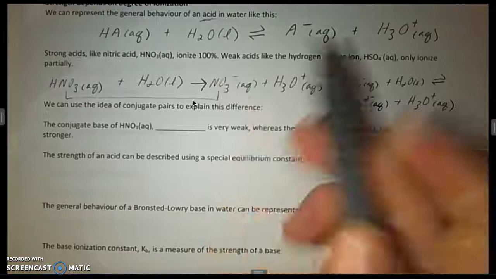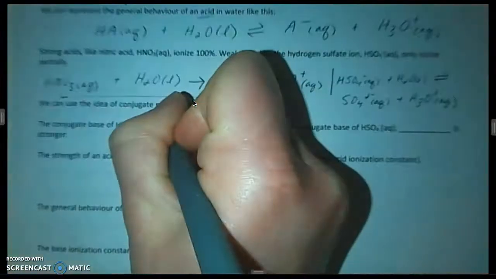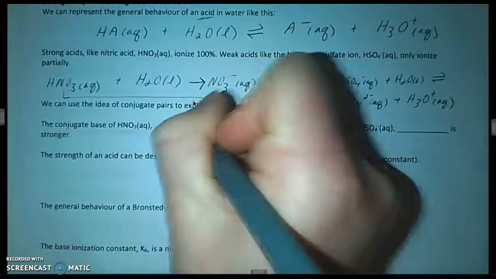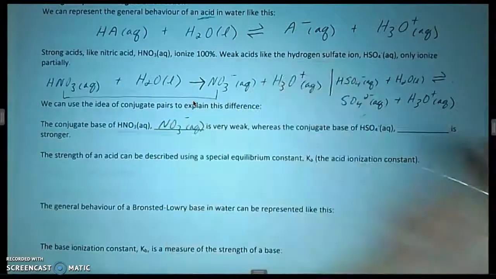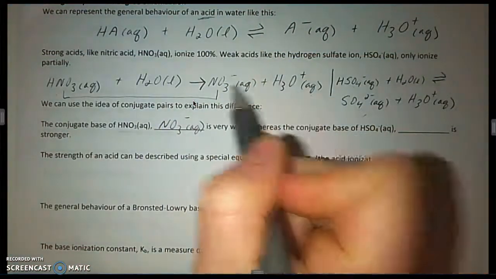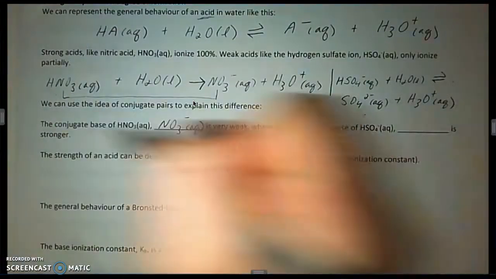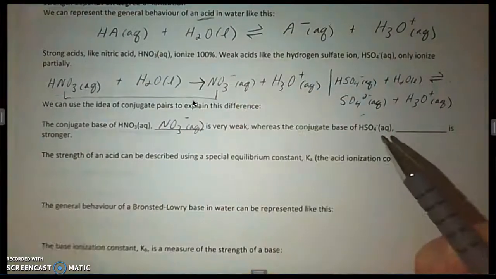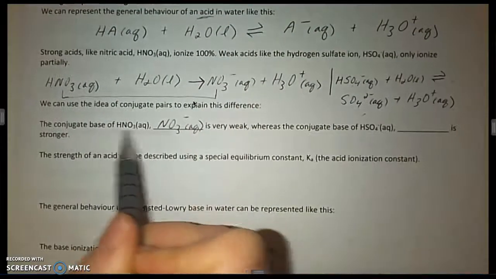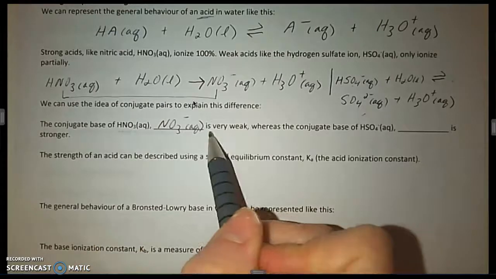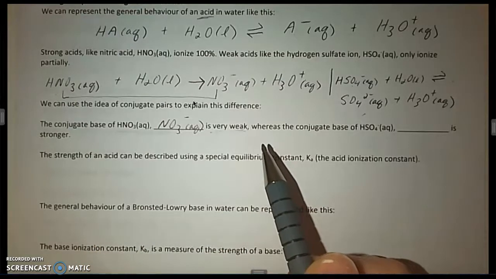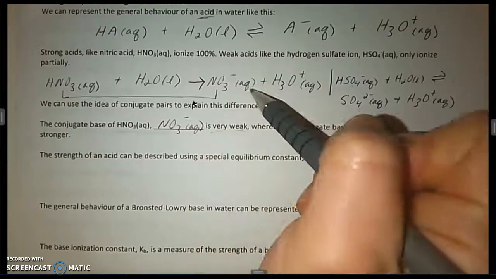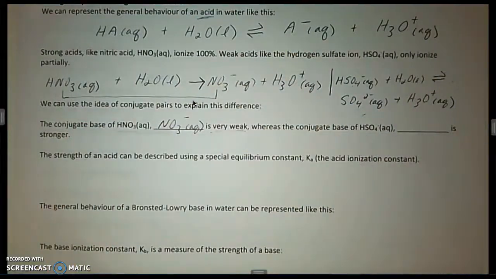I could also say that its conjugate base, the nitrate ion, is extremely weak, meaning there's pretty much no measurable rate of the reverse reaction here, which is why I used only the forwards direction arrow. So in a strong acid, the conjugate base is extremely weak. It doesn't really perform the reverse reaction at all.